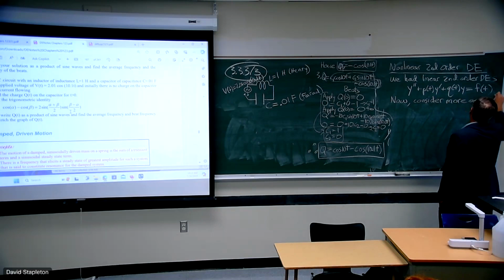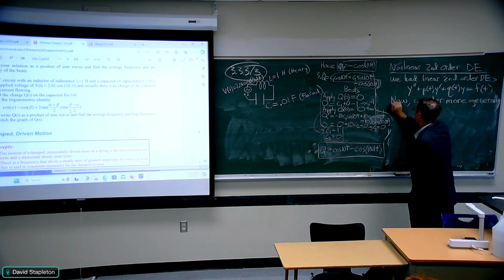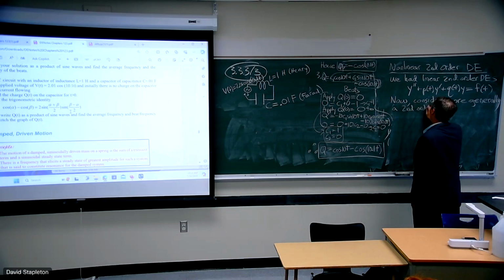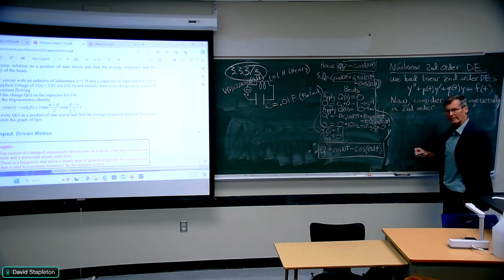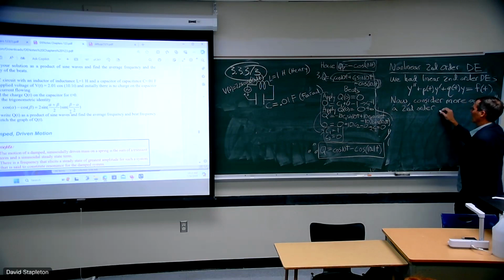A second order equation in normal form. Why do we want normal form? We have that nice existence uniqueness theorem, which we just kind of brushed over. A second order, possibly nonlinear differential equation in normal form.